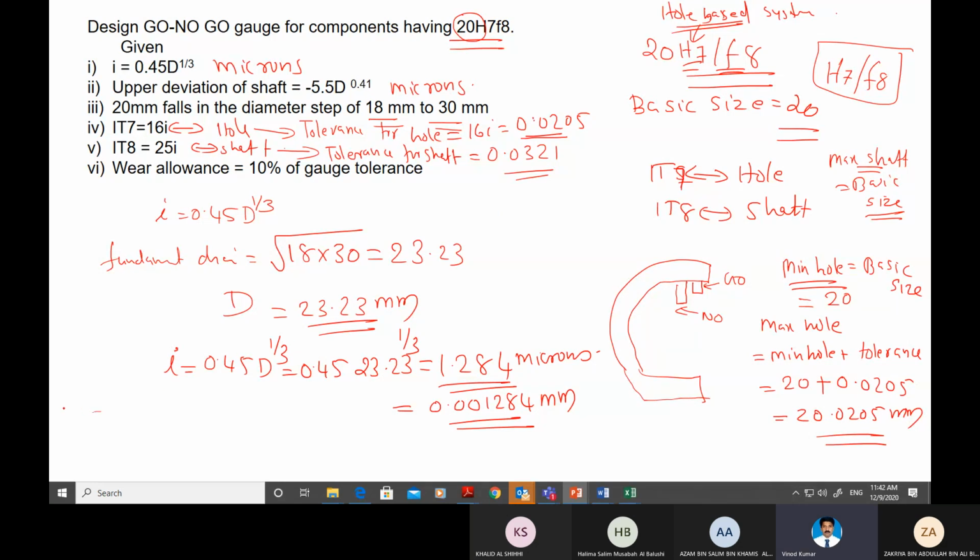Now upper deviation. What is upper deviation? Do you remember upper deviation?